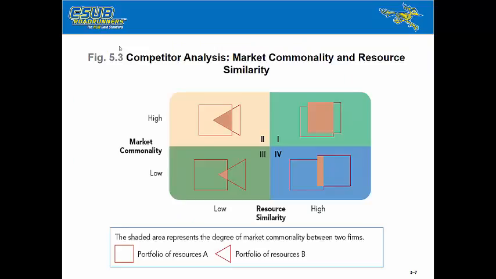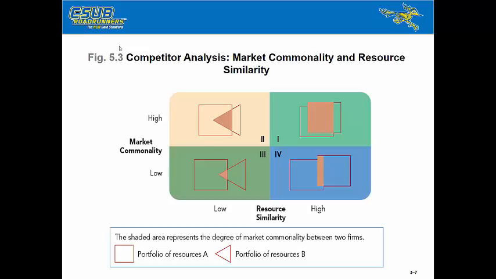It's this matrix right here. You've got market commonality on the y-axis and resource similarity on the x-axis. And the question is to ask yourself, is market commonality high or low? And is resource similarity high or low?